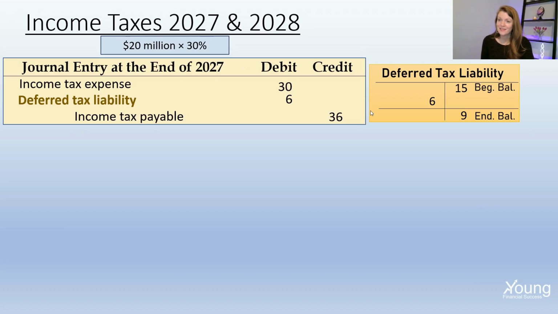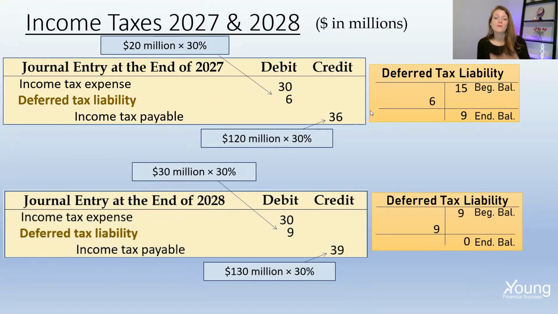Then we plug in the income tax expense. Remember that income tax expense is a plug, but if we were to take the 100 million from the pre-tax income times 30%, we're able to check it, and it also comes to 30 million. That won't always work that way, but it does when it's just one temporary change. So we record that for 2027.